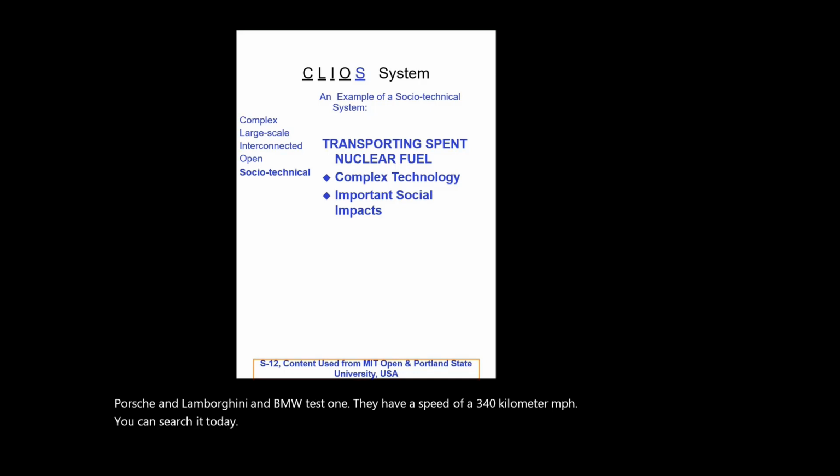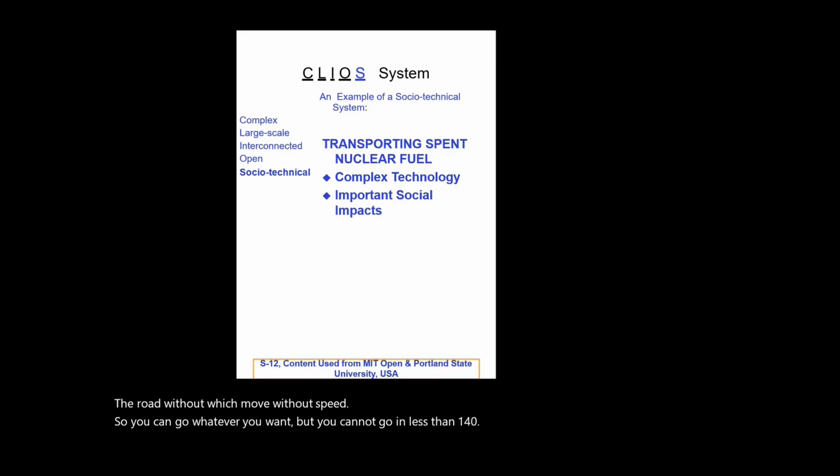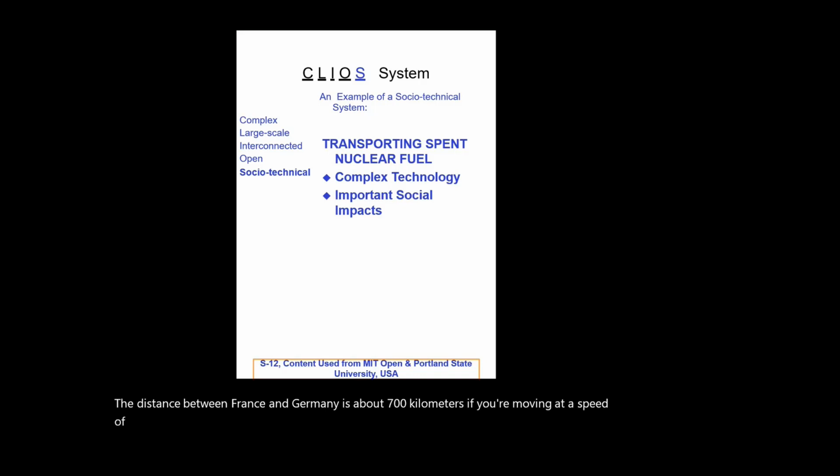The road without a speed limit. You can go whatever you want, but you cannot go less than 140. The distance between France and Germany is about 700 kilometers. If you're moving at 300 kilometers per hour, you could be there in about 2 hours and 10 minutes.